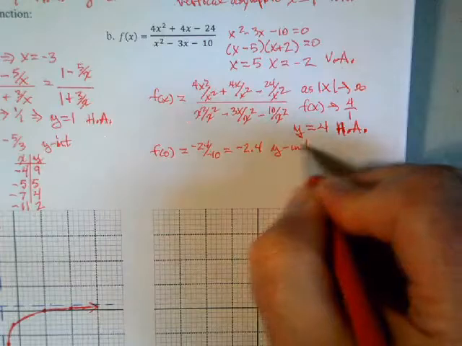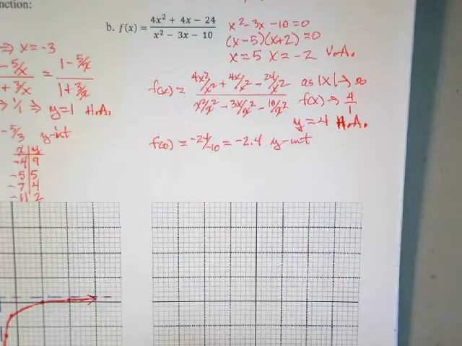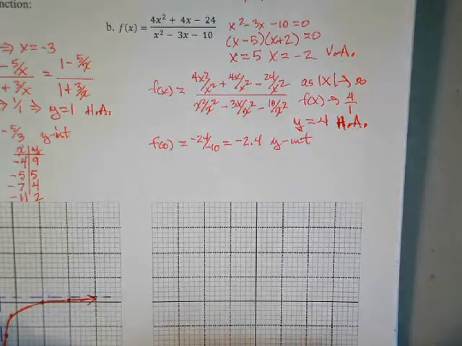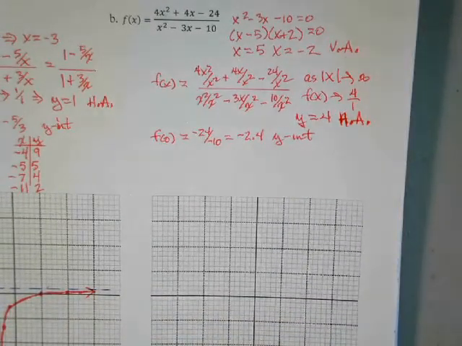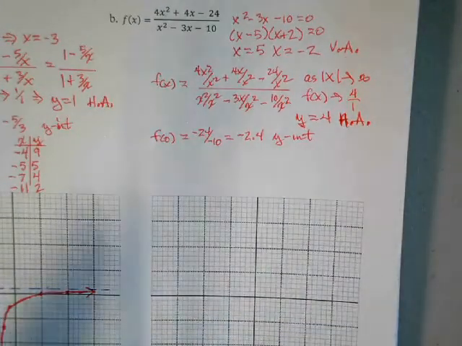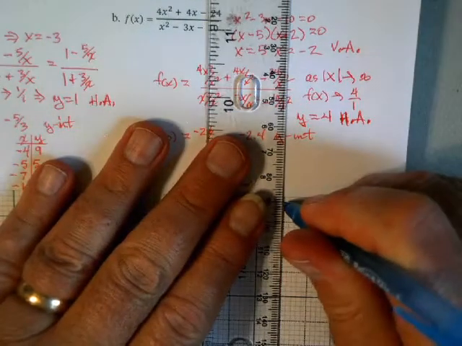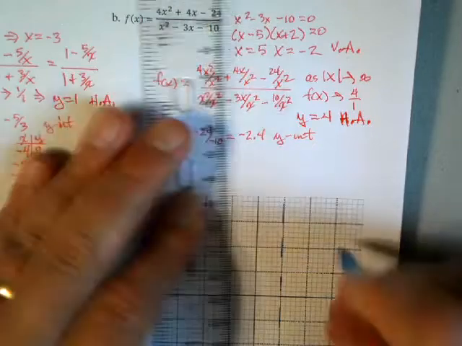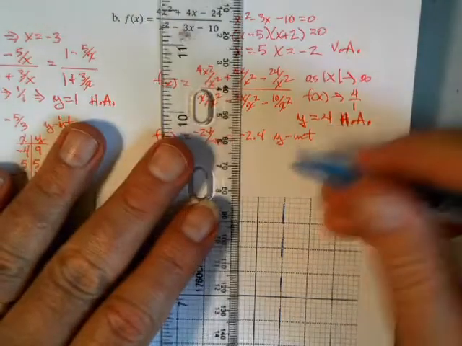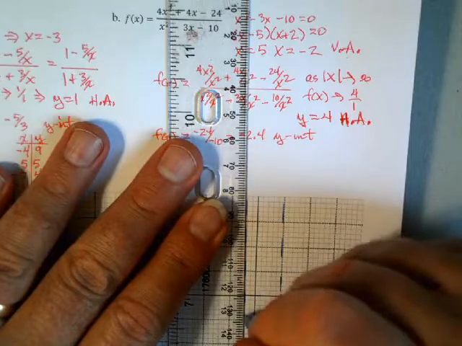All right, so we have two vertical asymptotes, one at 5. So let's go ahead and put that one in first. One at negative 2. And then we've also got a horizontal one at 4.